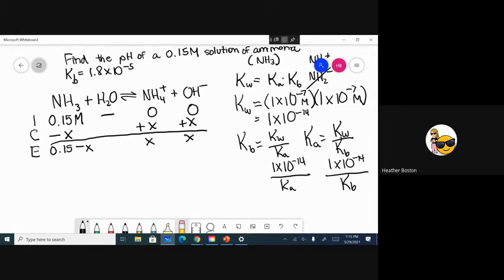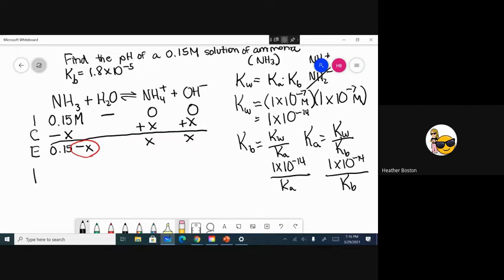So if you remember what we talked about beforehand, 0.15 compared to the value of x is going to be a large number. The value of x is going to be a super small number. If the value of x is going to be a super small number, it's not going to change that 0.15.